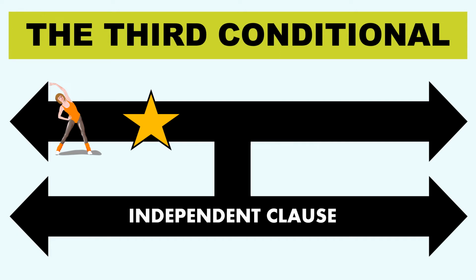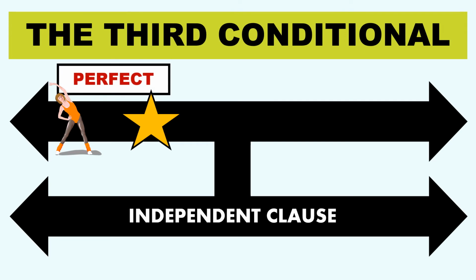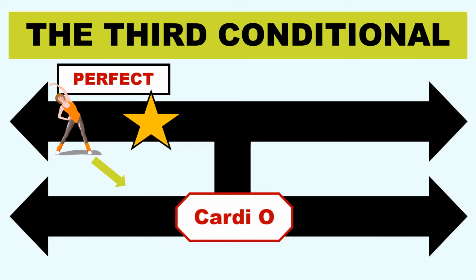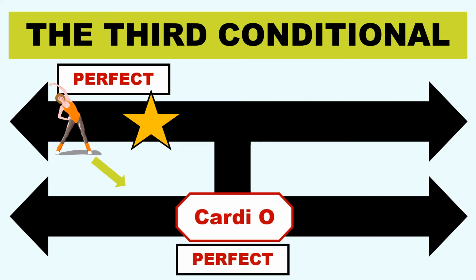And because this past event, becoming a fitness instructor, occurs before the naming of herself, it's put in the past perfect. Now, that has an impact on another past event. Instead of calling herself Cardi B, she calls herself Cardi O, and that has an impact or continues until the present. Therefore, it is put in present perfect.